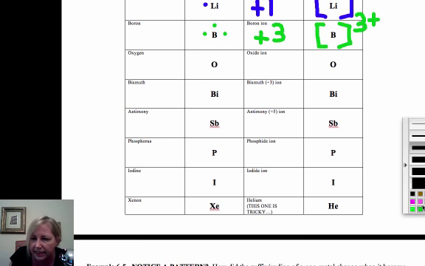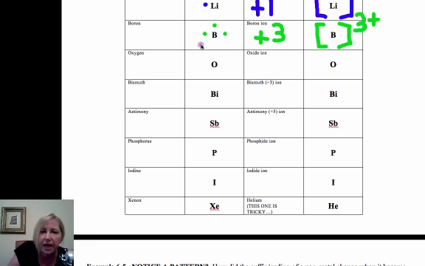Let's take a look at oxygen. Okay, oxygen has 6 valence electrons. So it doesn't matter where you start. 1, 2, 3, 4, 5, 6. So 2 of them end up being paired. Well, if you look at the group, that group wants to gain 2 electrons.